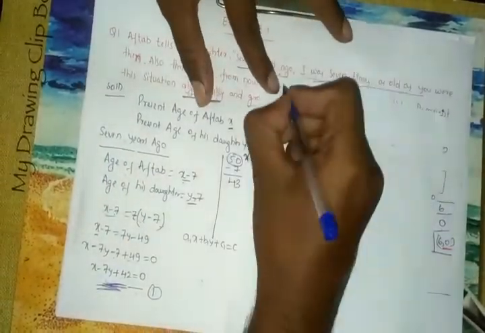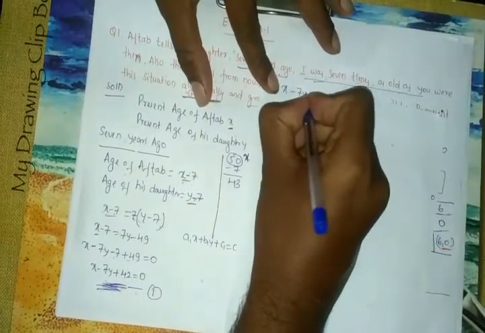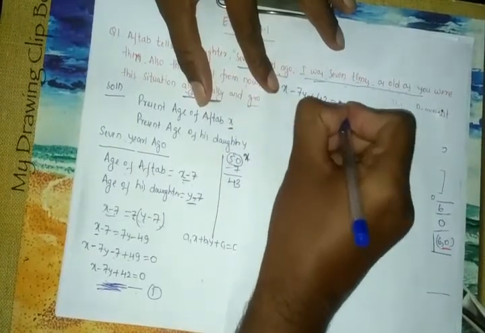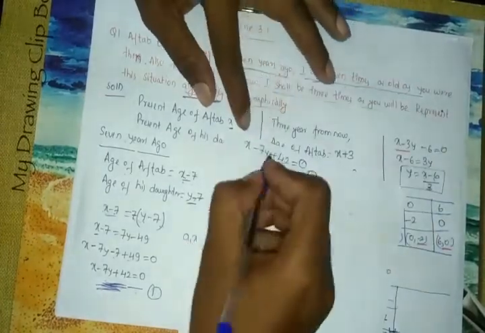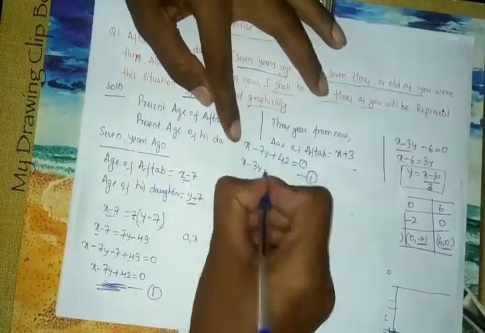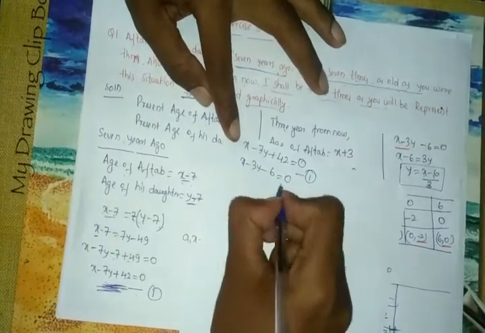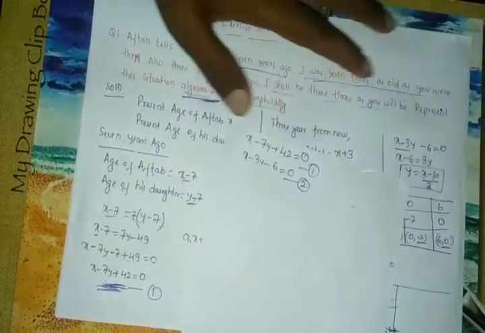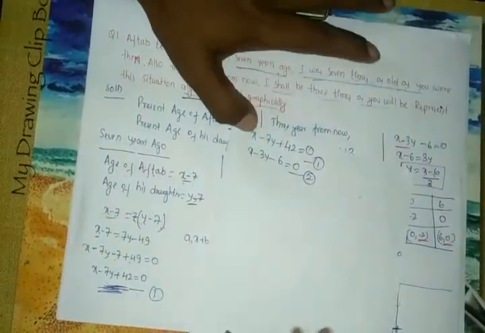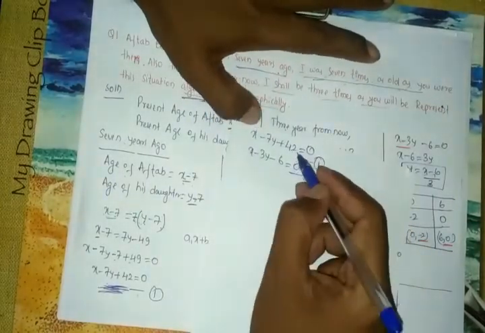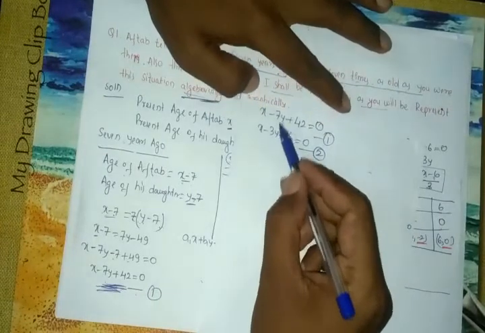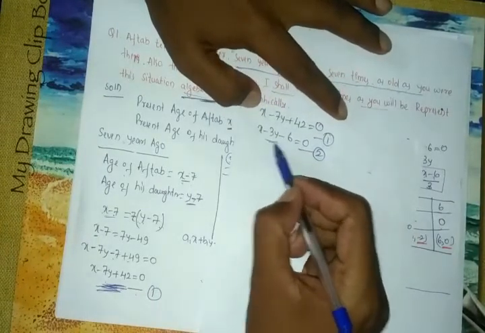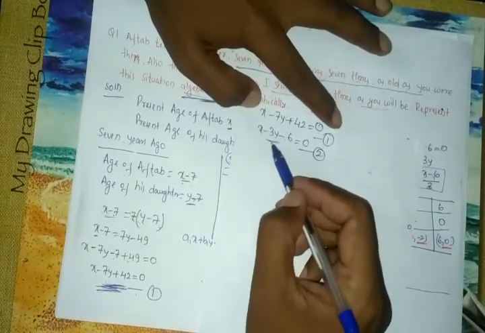I have two equations. One is x minus 7y plus 42 equals to 0. This is equation 1, and one more equation is x minus 3y minus 6 equals to 0. This is equation number 2. Okay, so I am using the substitution method. For that, I will take this equation. You can consider any one of the equations.